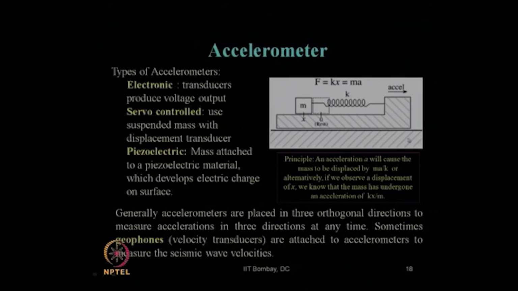So, whenever there is a ground movement or accelerations coming due to the earthquake at an instant, what is happening? If acceleration is in this direction, obviously your mass will move in the other direction. It is common physics, as we know. So, the mass has moved by a certain distance, say x. Okay? So, what will be the force coming on this body?